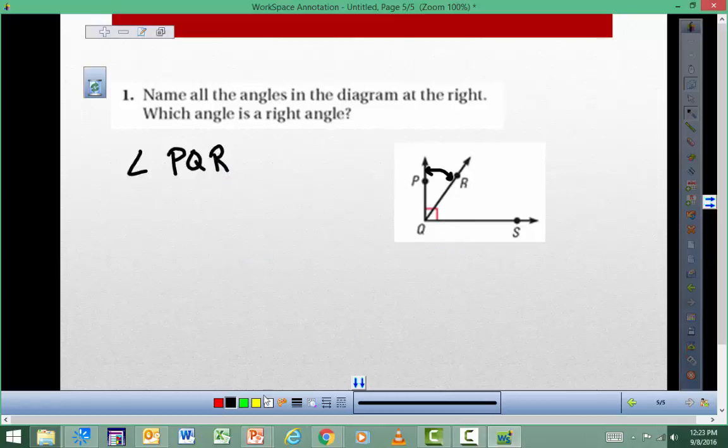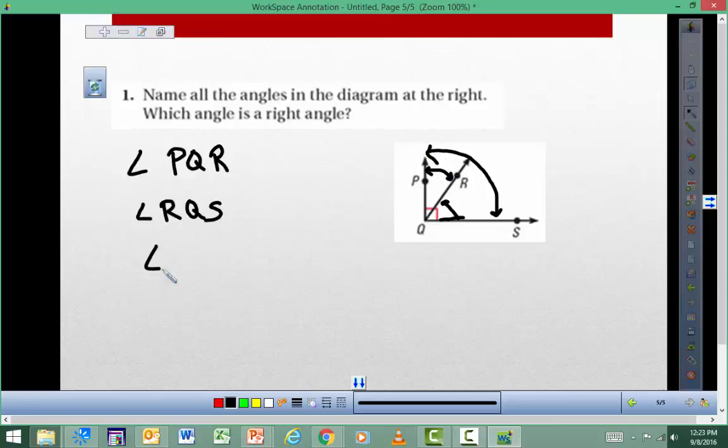And then we can call this angle over here, this one going this way, angle RQS. And then how about this one right here, the bigger angle?